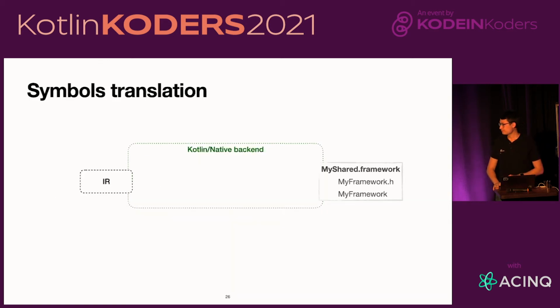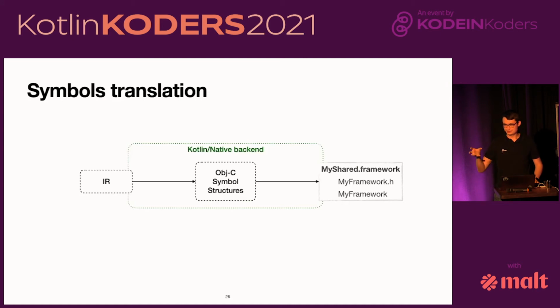Before, it would take this IR and it would generate directly, for example, for Objective-C header, it would generate directly text, just like, okay, we import this, and we have this class and this class with these properties. And we introduced some intermediate Objective-C symbol structure from which it's possible to create Objective-C symbols.